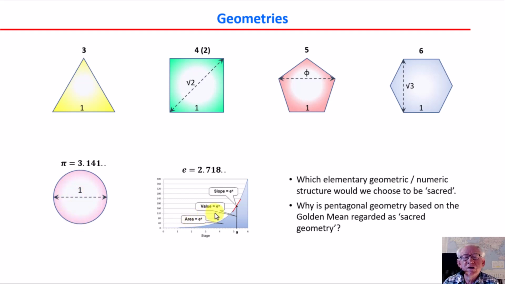Now the next construct we meet is the exponential growth curve. This is associated with growth and decay. It's an important element within creation, the patterns of exponential growth and decay. The number associated with exponential growth is the number that we've mentioned previously, e equals 2.718, and it's a continuing decimal.